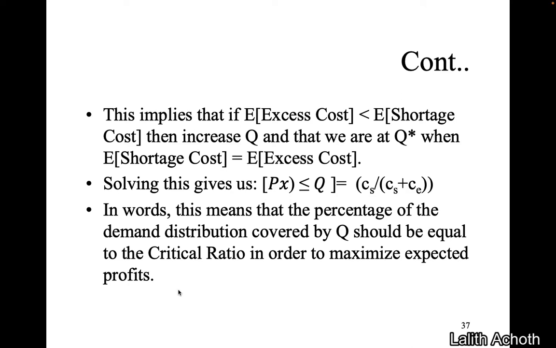Increase Q and you get Q star when the expected shortage cost is exactly equal to the expected excess cost. So they should become equal. So you go on varying the Q till you get Q star, and Q star is that point where shortage cost is equal to the excess cost. You have to use your imagination.